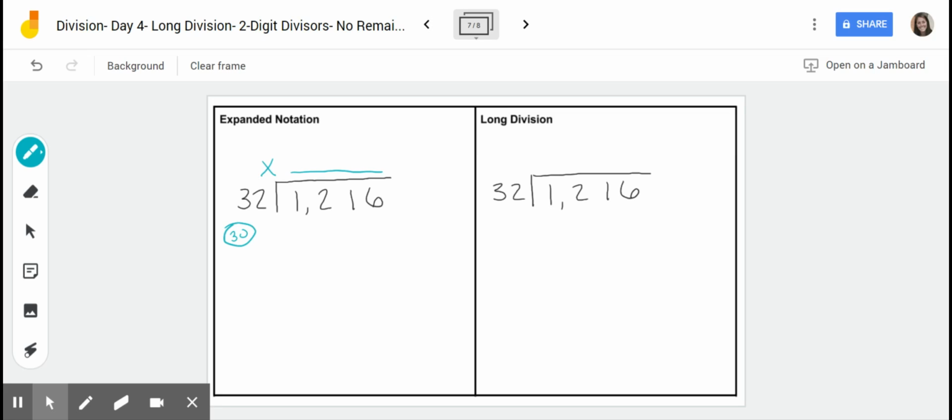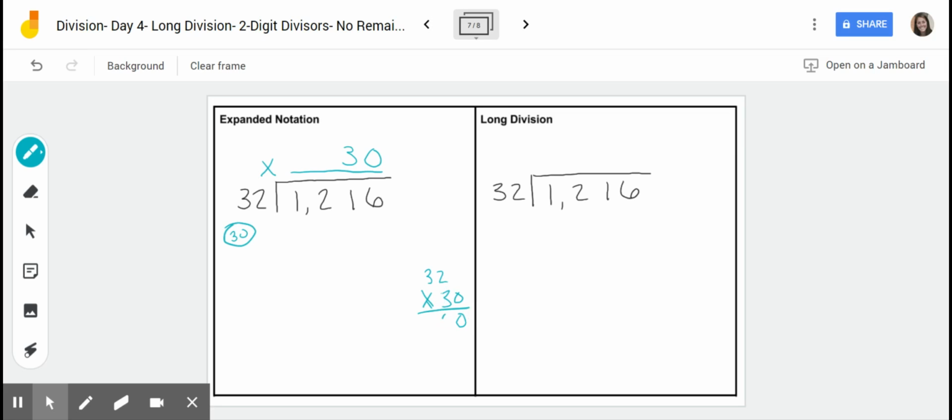I'm going to need to adjust and bump it down 1. So I'm going to work with 3. But I know that this is not 121, it's 1,216, so I don't want 3, I want 30. And then I'm going to check that to the side because I don't know off the top of my head what 32 times 30 is.